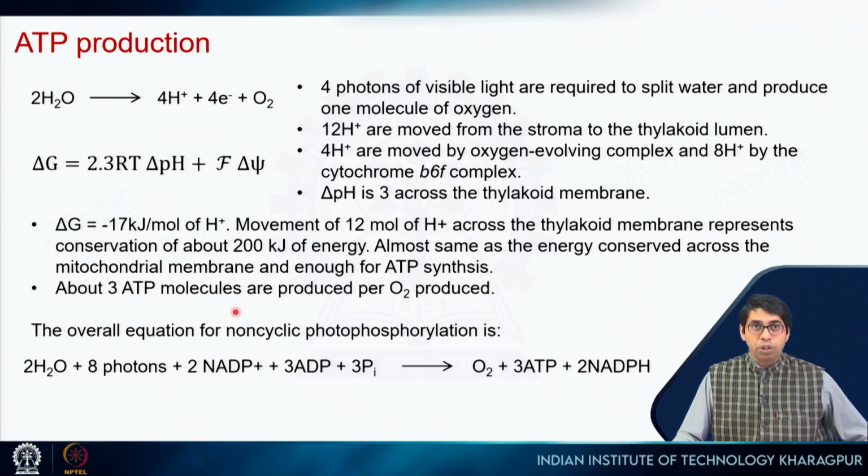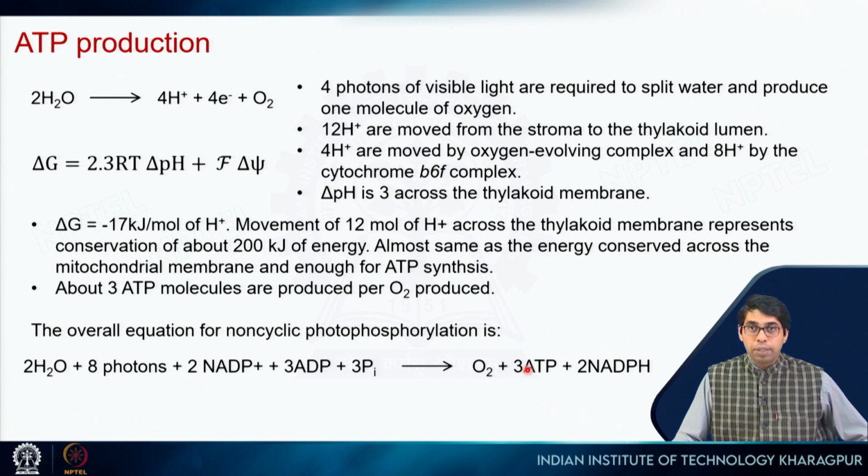So, if we add up all of these things, the overall equation for non-cyclic photophosphorylation will be 2 molecules of water plus 8 photons plus 2 NADP plus 3 ADP and 3 inorganic phosphate will produce 1 oxygen molecule.